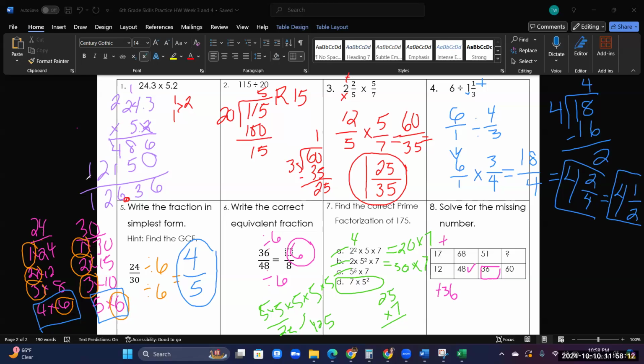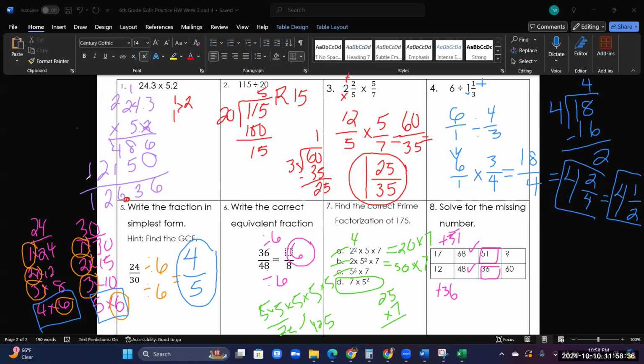So 17 plus 51 is 68, and 51 went in that box. Okay, so they keep that. 36.